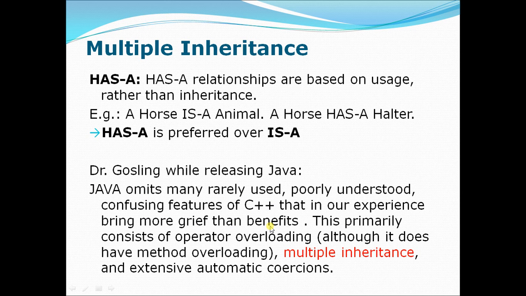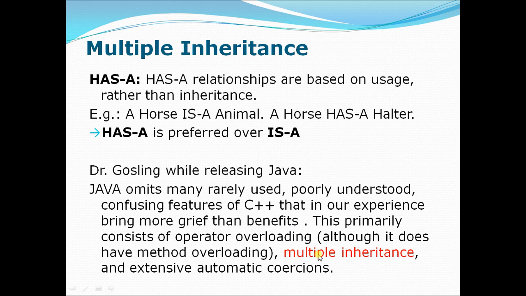Java will remove all the features which are complicated, which people cannot understand. Because what is the motive of Java? They want to make it a very simple language. But there are some features which were making the language complex, so they removed those features. Those were bringing more grief than benefits.